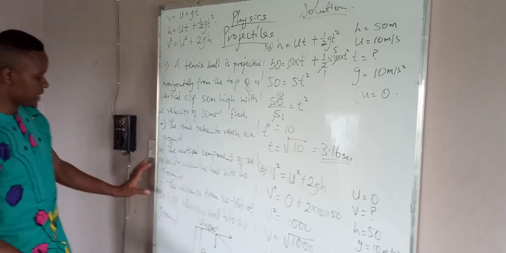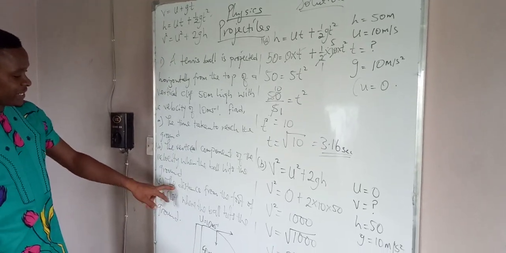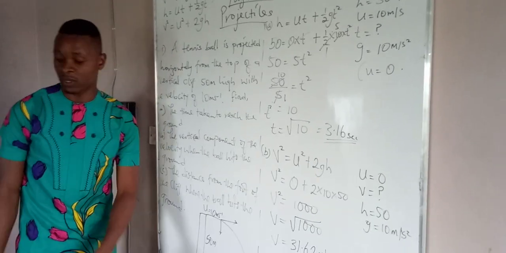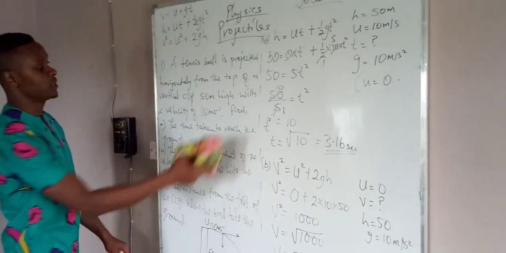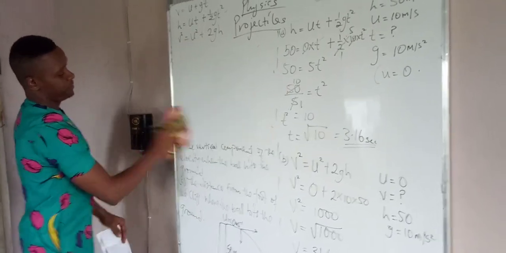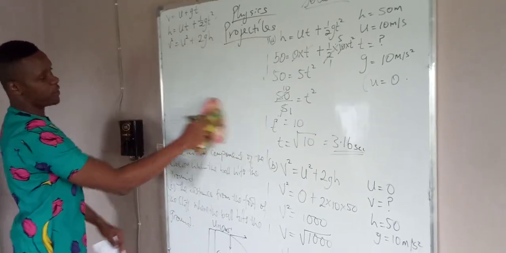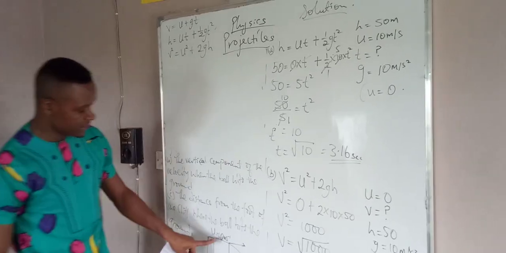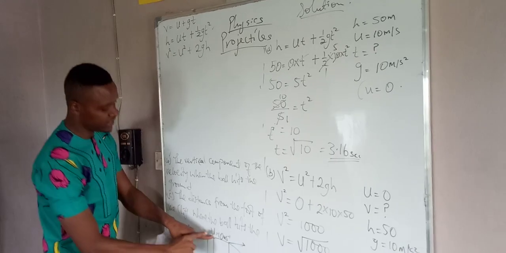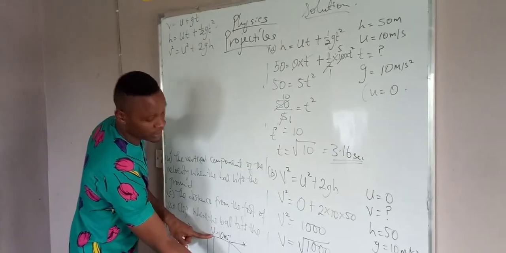The next question there says we should determine the distance from the foot of the cliff where the ball hits the ground. The distance. This is where we bring up the idea again that this initial velocity is actually effective in taking this ball to this distance.